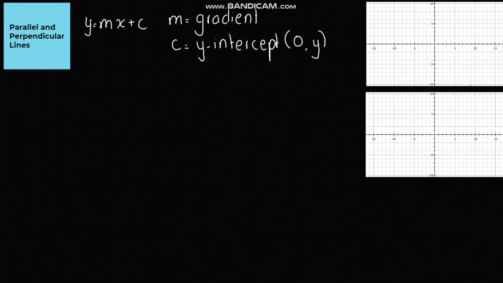It's kind of common sense because when you replace x with 0, you will always get this number over here, and that number is the y-intercept. Not the y-intercept itself but the value of y, and that's why c is equal to the y-intercept. So now to the definitions of parallel and perpendicular.